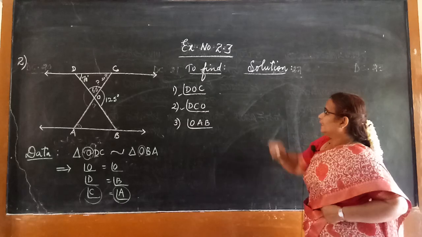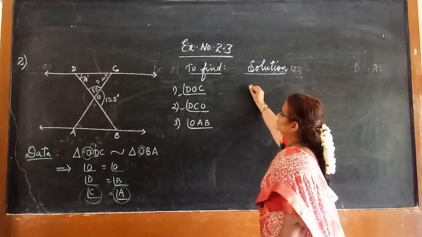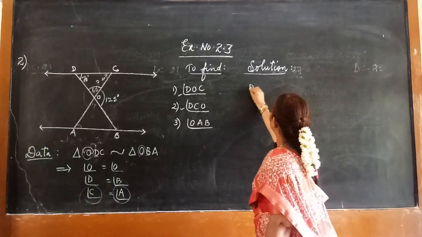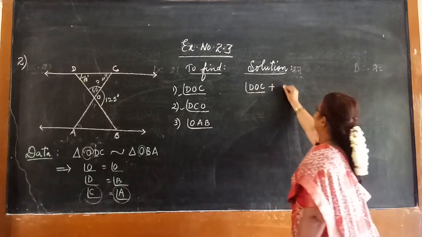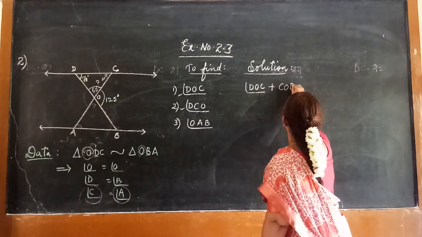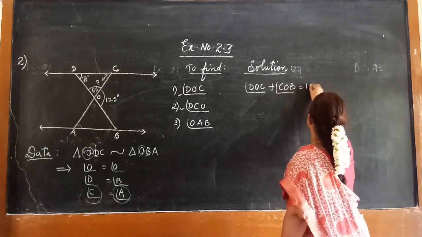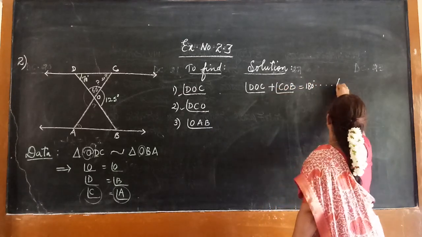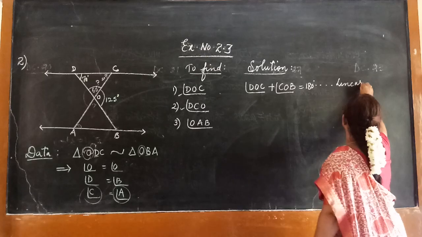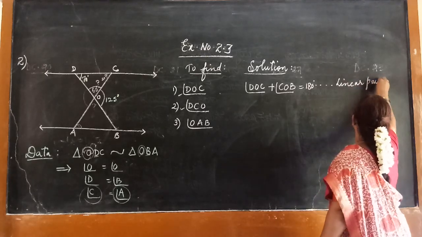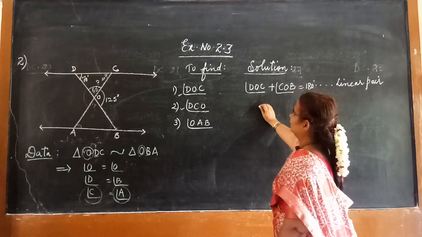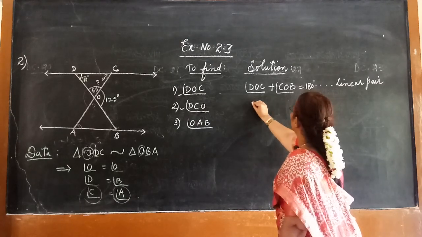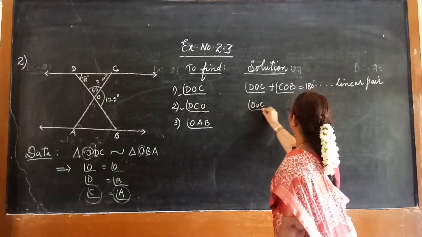So how do we find angle DOC? Solution. We know that angle DOC plus angle COB is equal to 180 degrees. The reason is linear pair. Angle DOC is unknown, we have to find it.